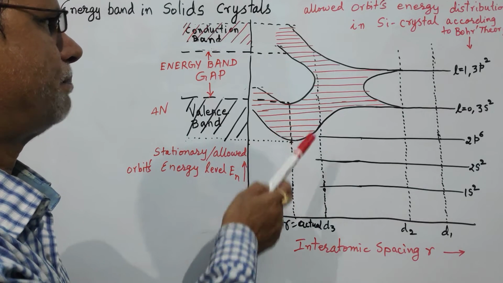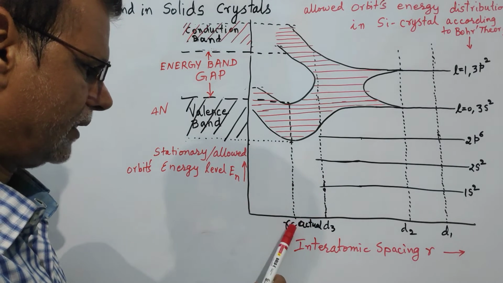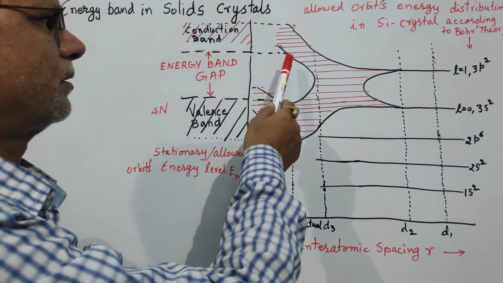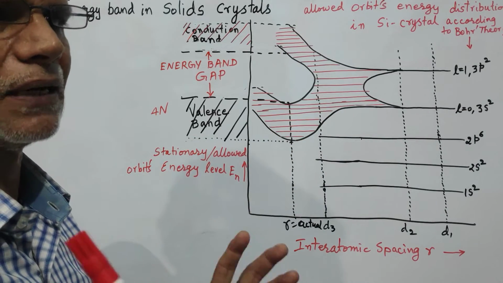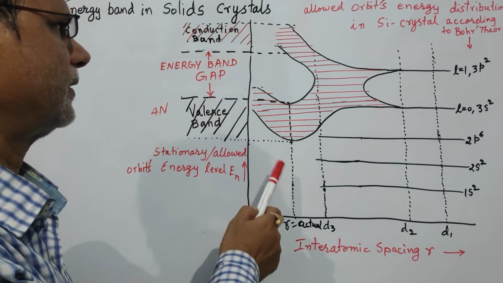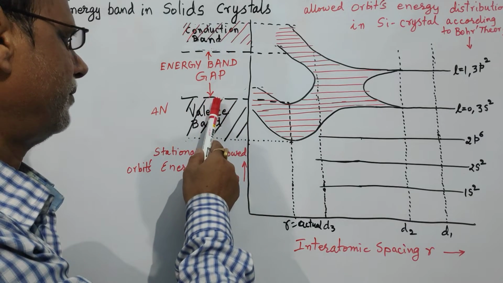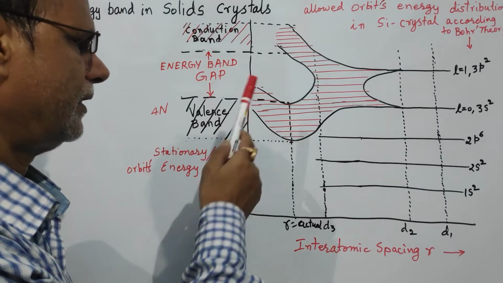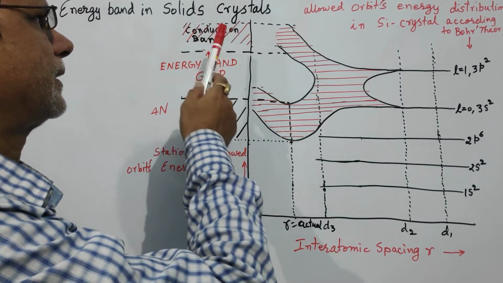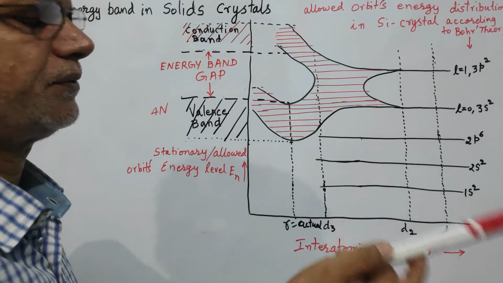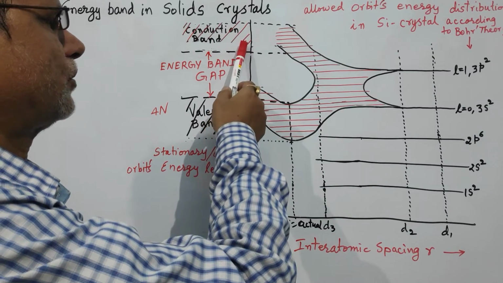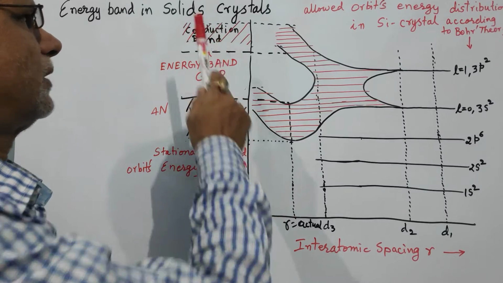And when we consider the actual separation between the atoms of a silicon crystal, while it is forming the crystal, the atoms are placed in a fixed location, and in that situation there is the valence band where the electrons actually reside, and the electrons which become conducting when gaining some energy from a thermal source or by some other means jump into a higher orbit of greater energy, that is called the conduction band.